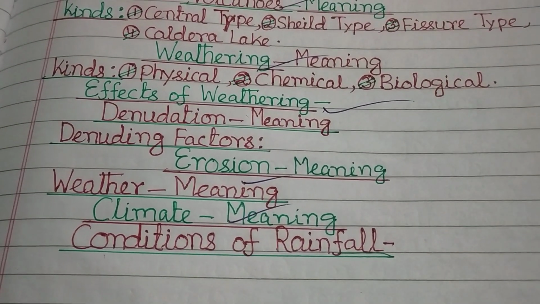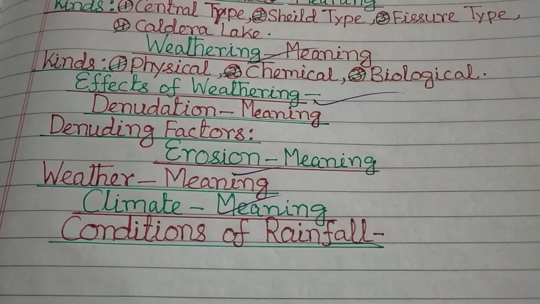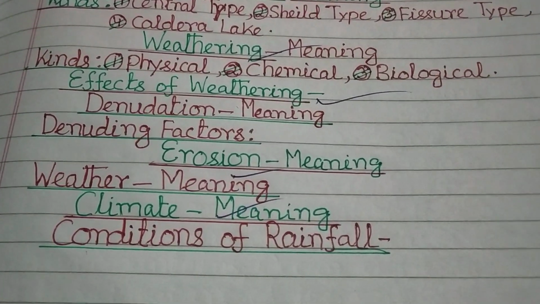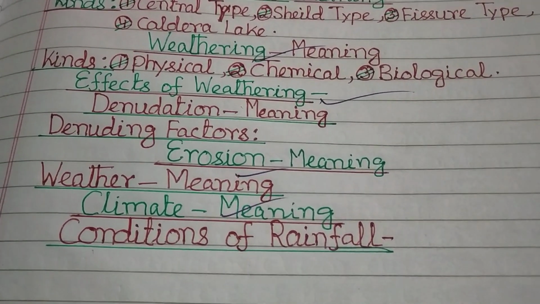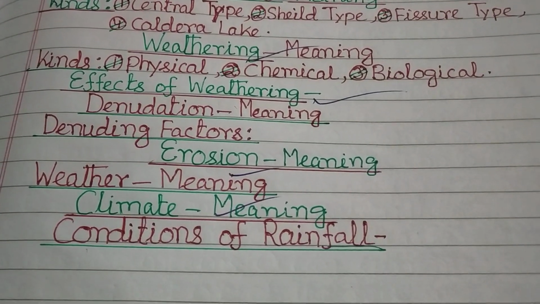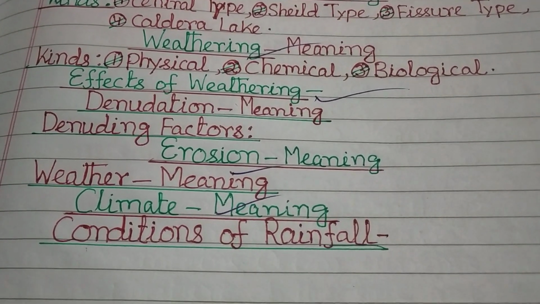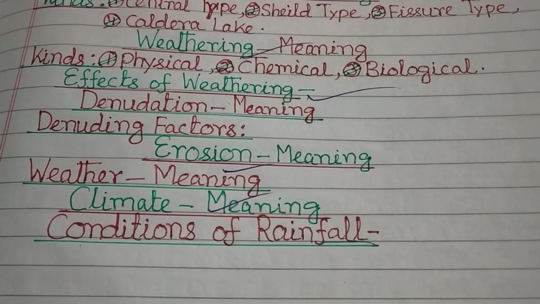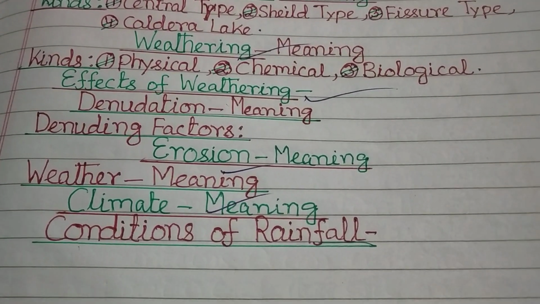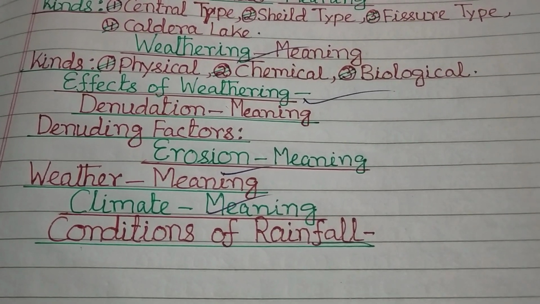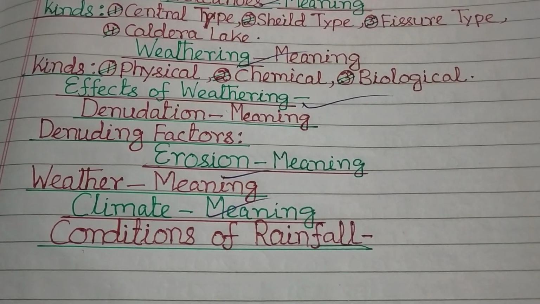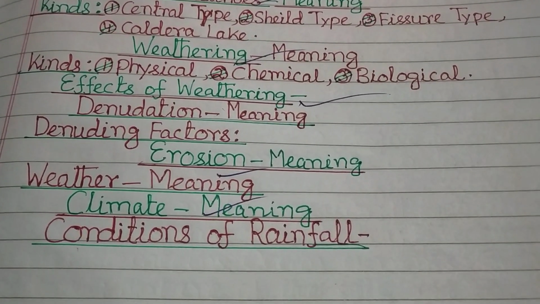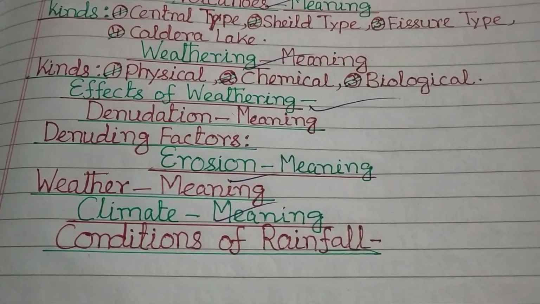And now we'll discuss the meaning of weather. Weather is the name given to the atmospheric conditions, for example, temperature, rainfall, winds, humidity, sunshine, and cloudiness of a particular place on a particular day.